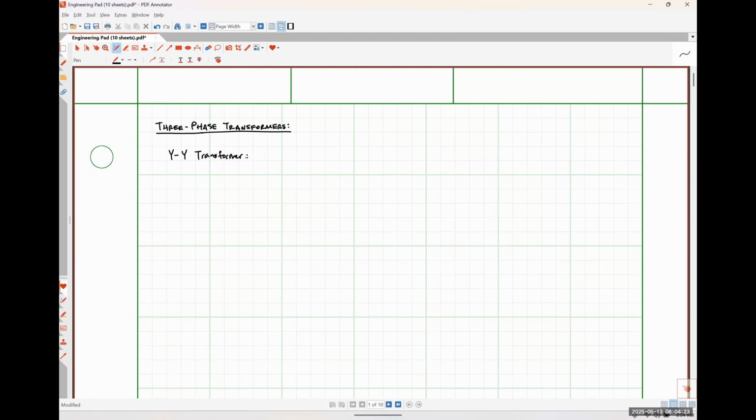So I'm going to start on my primary side. So I'm going to call this terminal right here A1. Where this represents the A phase of the primary. So A is for the phase and the subscript 1 is for the primary.